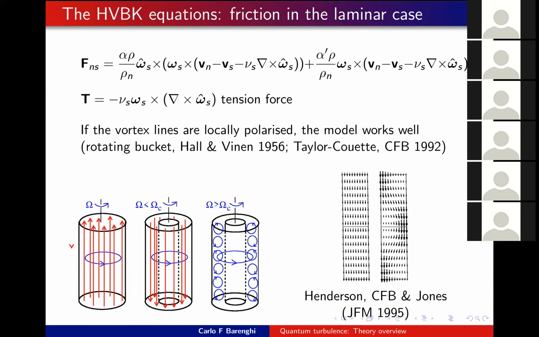Now, in classical fluid mechanics, this problem is well known. It's actually historically very important. It was solved in the 20s by G.I. Taylor, and he discovered that when the velocity of rotation of the inner cylinder exceeds a critical value, then a new flow appears.